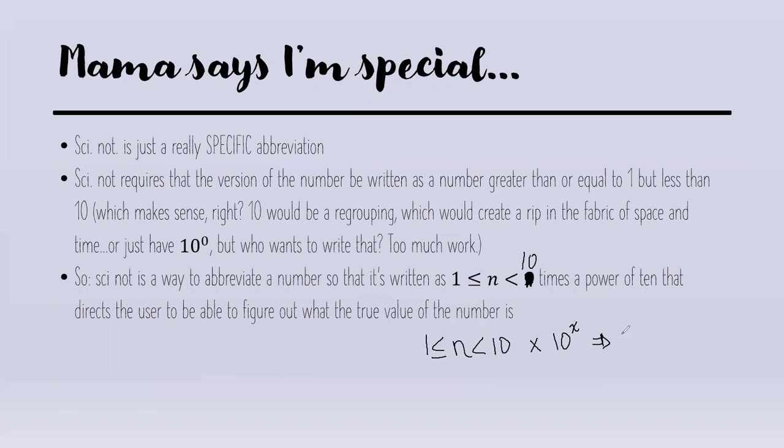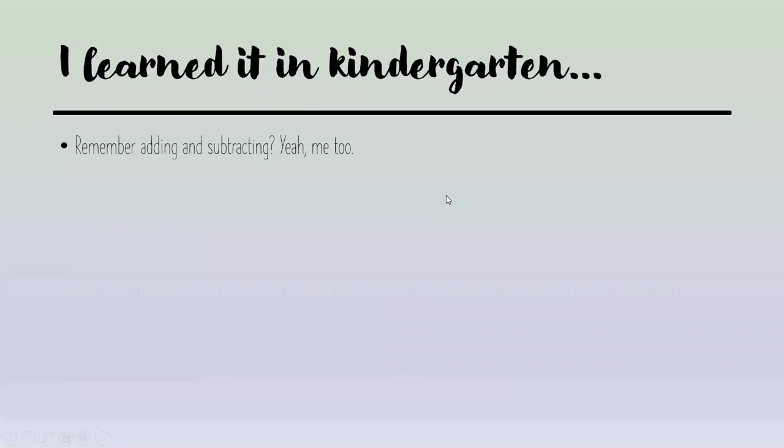Right now it's just an expression, but if we turned it into an equation, you would get the true value. Let me clear this. There we go. So that's the basic rundown of what scientific notation is.